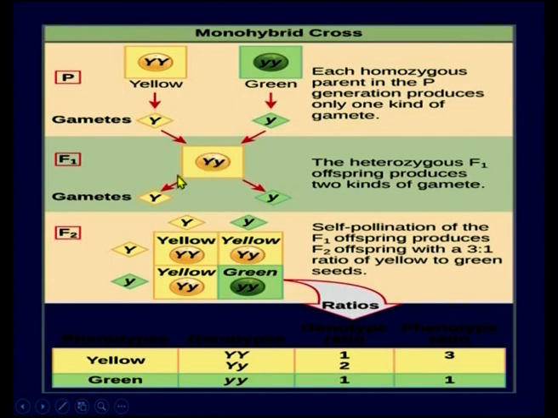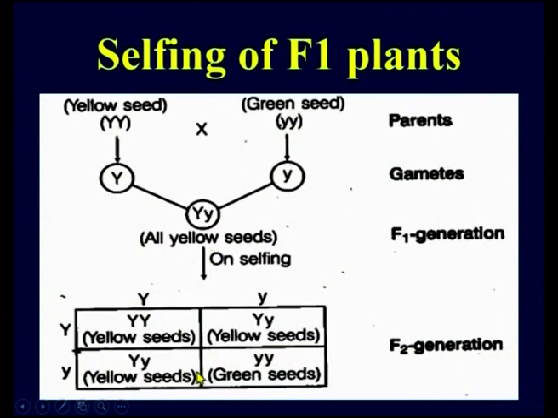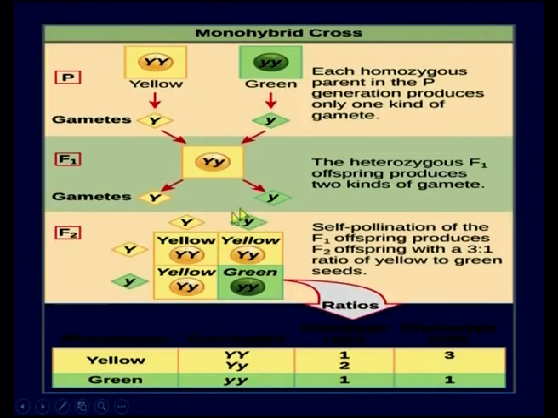Now, on selfing, capital Y small y into capital Y small y. One side represents the parent, the father, we can say, and the other one is the female part. When you go with selfing, you get 4 combinations as I showed in the same box earlier. With the help of color, it is easy for us to understand. Hence, you can see that there are 3 yellow color plants, that is, plants with yellow seeds, and one is green.